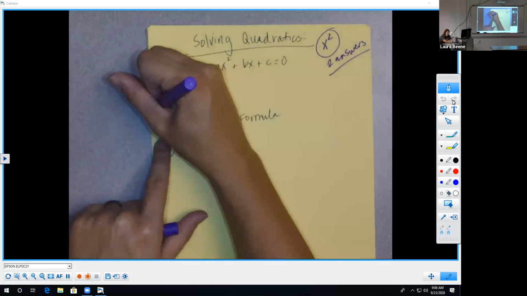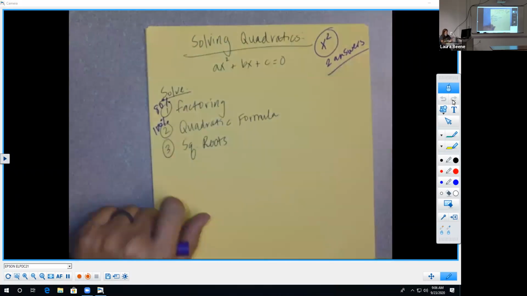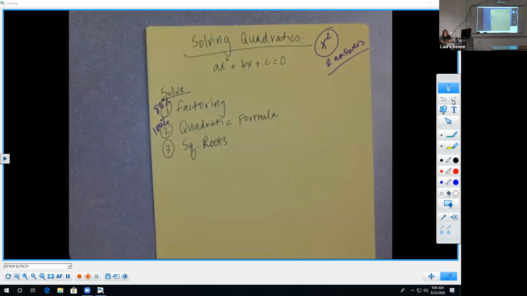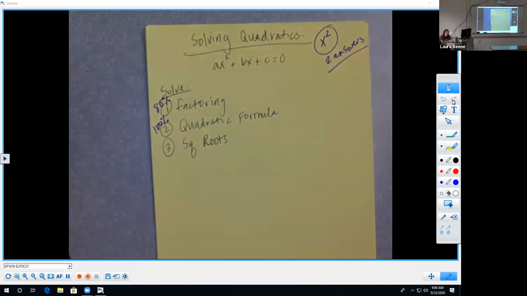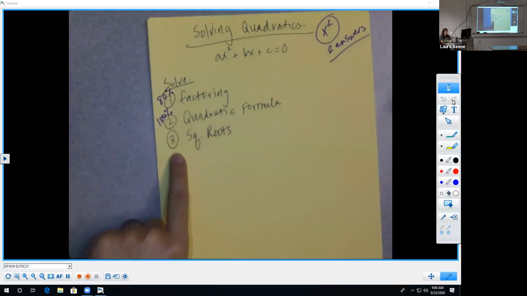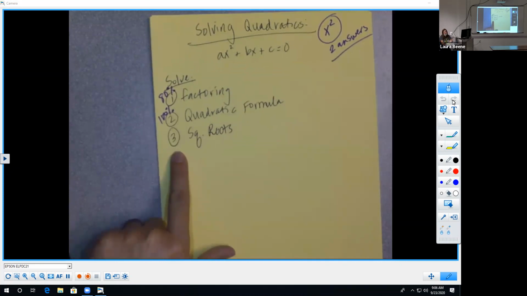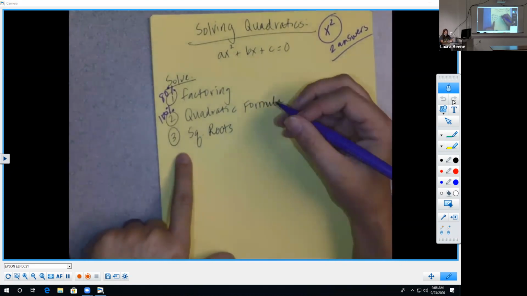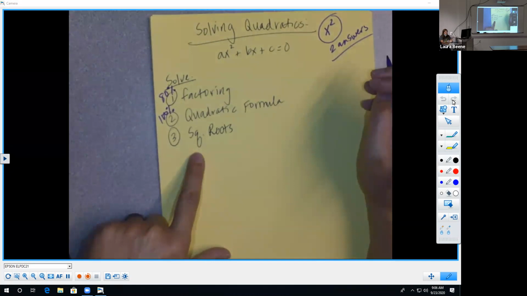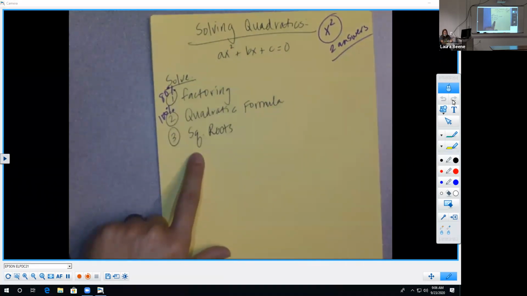Factoring is the one that works the next most often, and lots of times, depending on the problem, it is one of the easier ways or faster ways to solve. Your last option is square roots. So we can solve using square roots. It doesn't happen very often though. What kind of problem is it that we use square roots to solve?